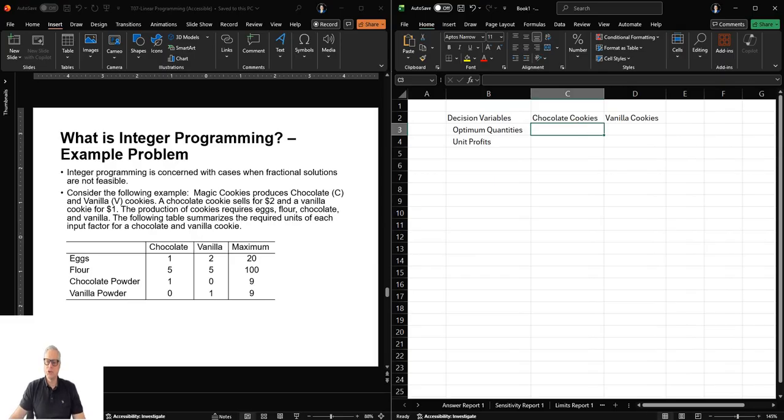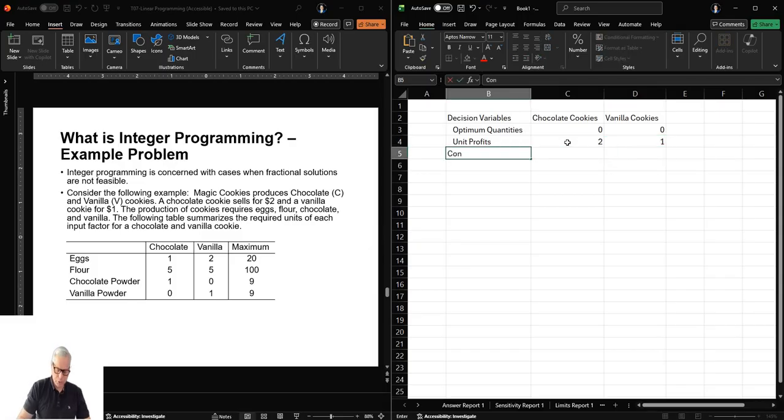So again, these two cells, C2 and D2, they will be filled again by Excel. So we can format that later. And the unit profits is a chocolate cookie is 2 and a vanilla cookie is 1.